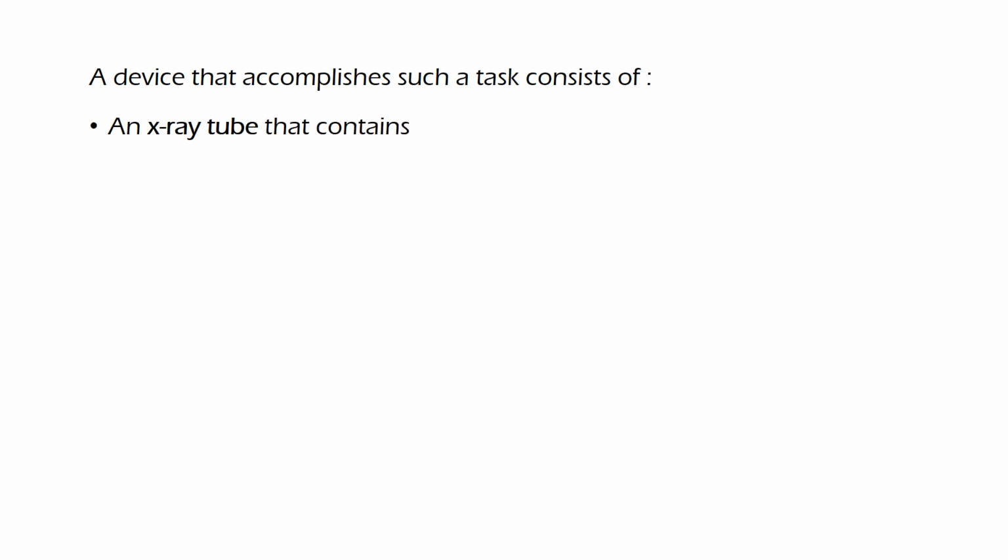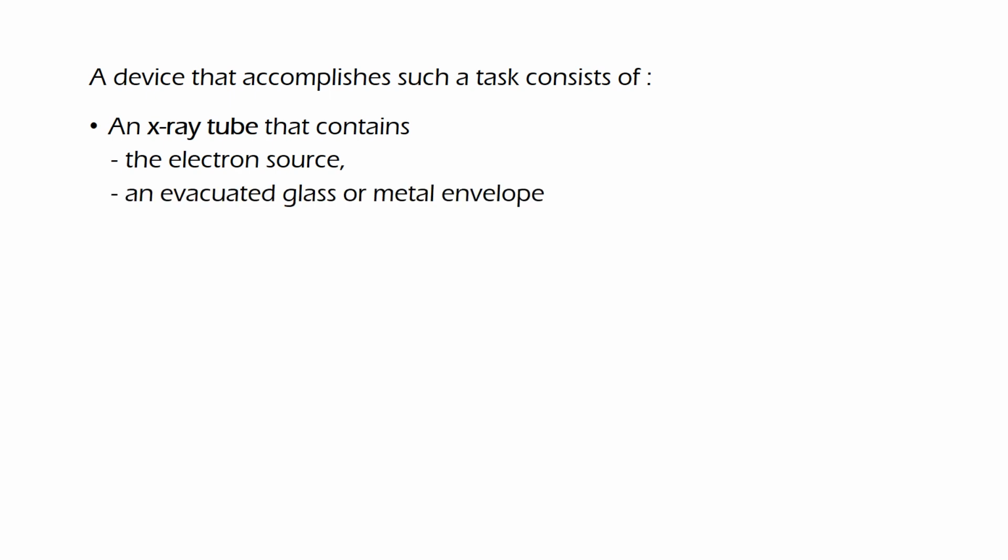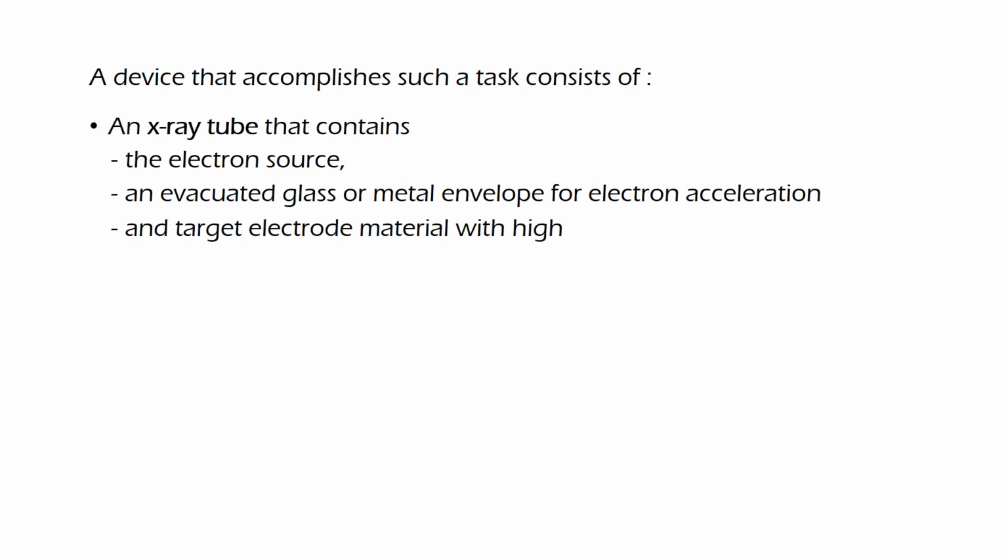A device that accomplishes such a task consists of an X-ray tube that contains the electron source, an evacuated glass or metal envelope for electron acceleration, and target electrode material with high atomic number.